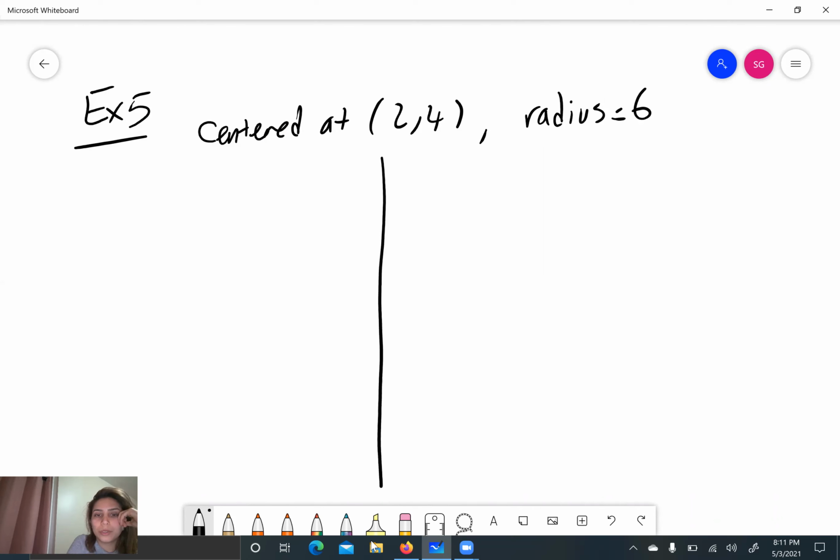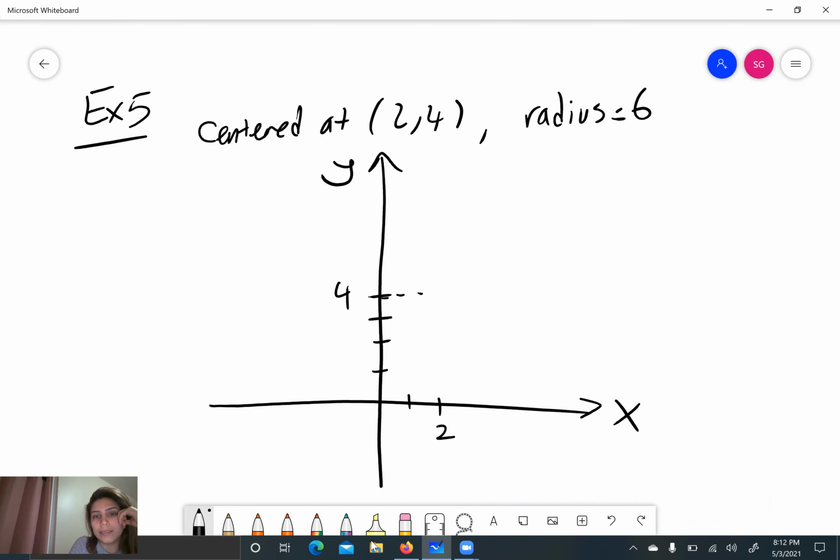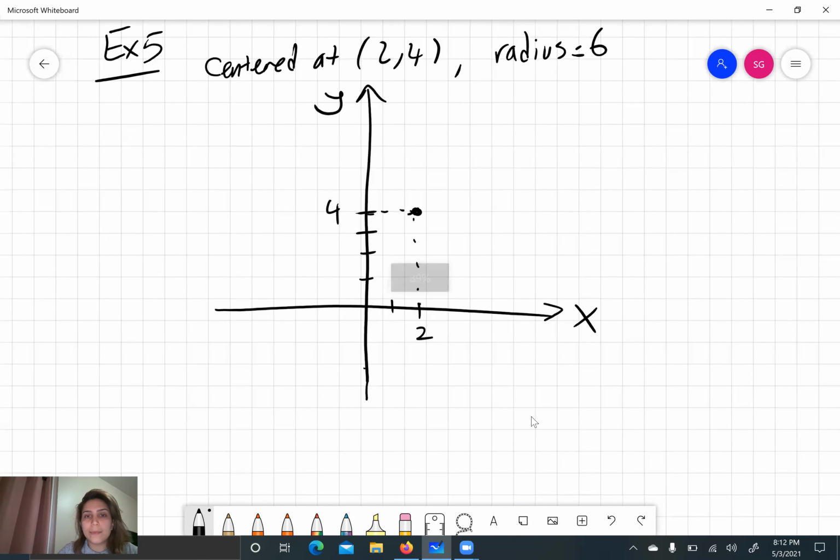Let's see. So this is X, this is Y, 2 and 4, 1, 2, 3, 4. So this is the center, right? Radius is 6. So I need a space.